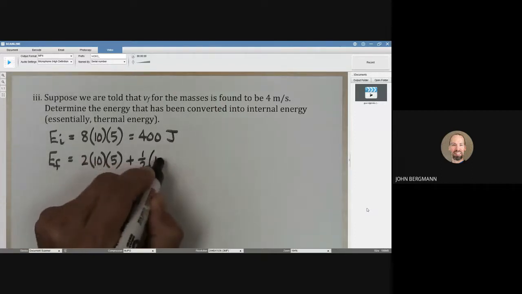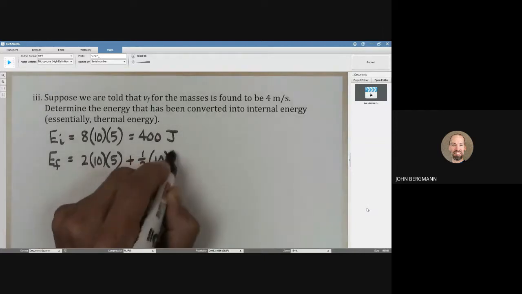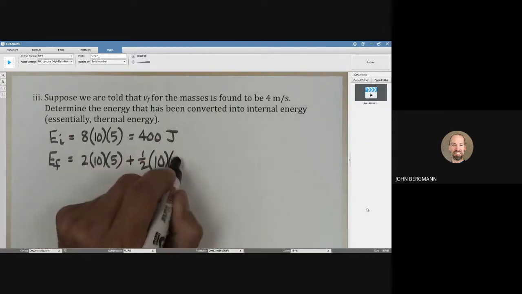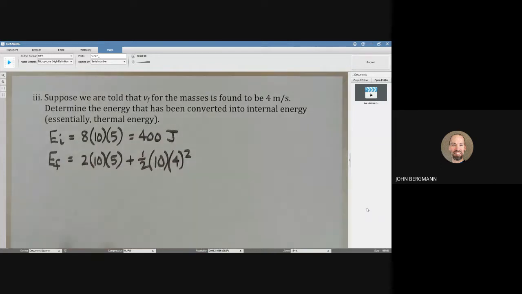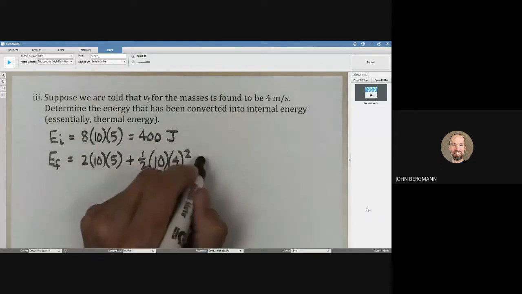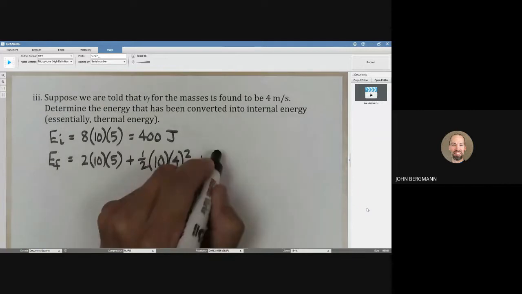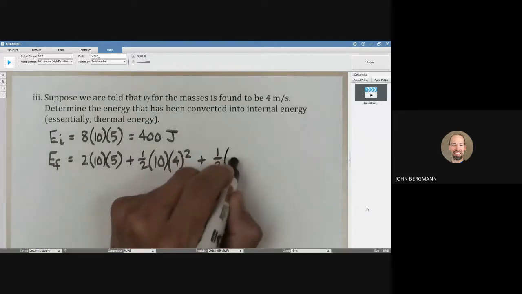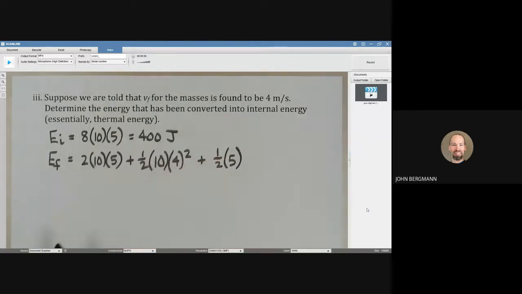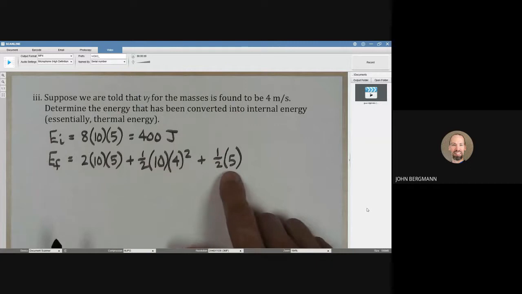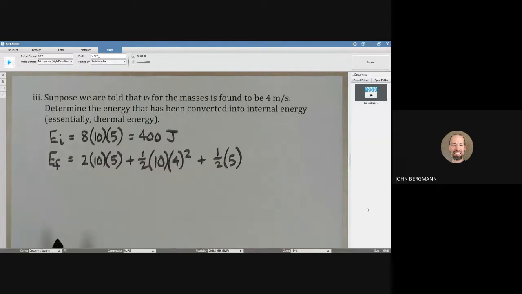The 2 and 8 kilogram masses, a total of 10 kilograms, will be moving, we're told now, 4 meters per second. And then that pulley is going to be rotating, 1/2 I, and we went through on the last page that the moment of inertia ended up being 5, omega squared.